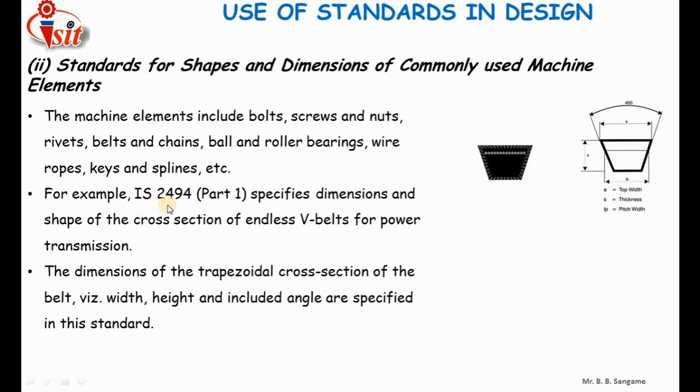IS 2494 part 1 specifies the dimensions. In this catalog you will get information regarding standard V belts for power transmission, including the cross section of the V belt, like width, height and included angle.